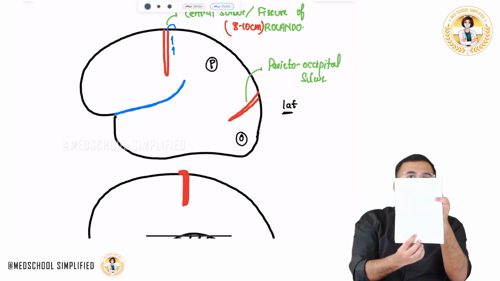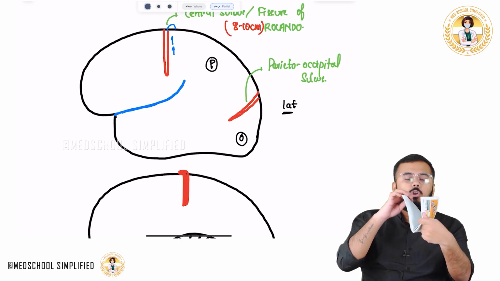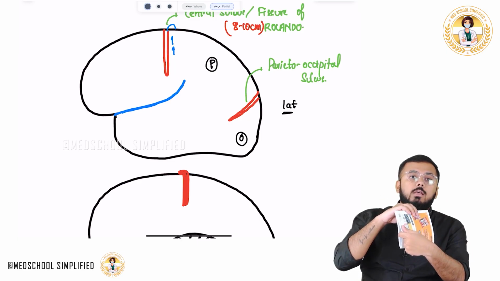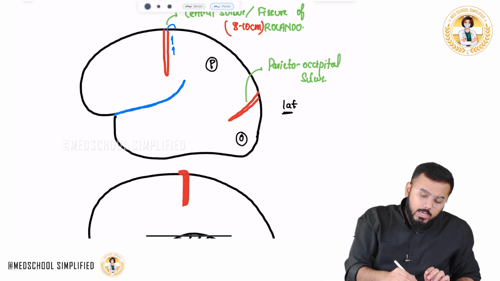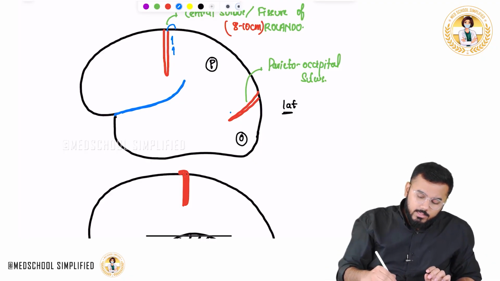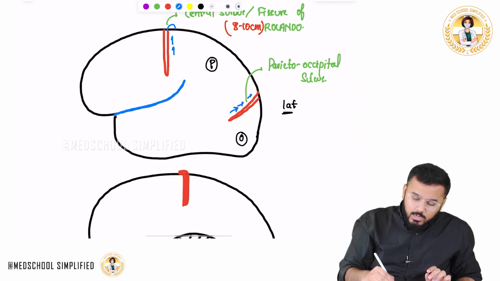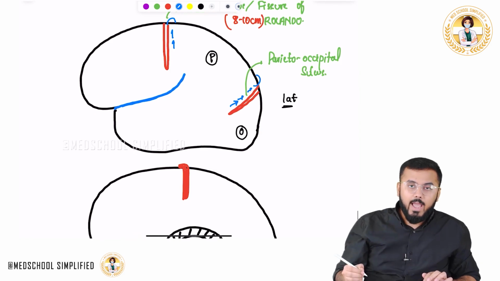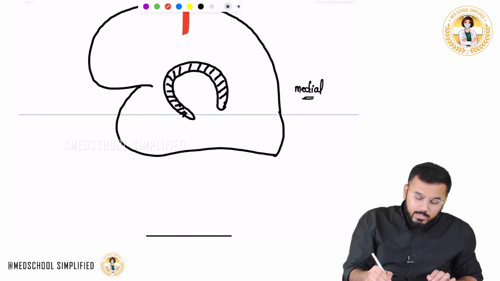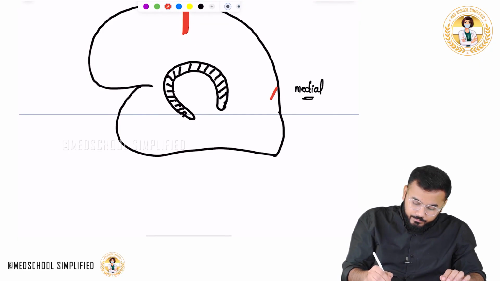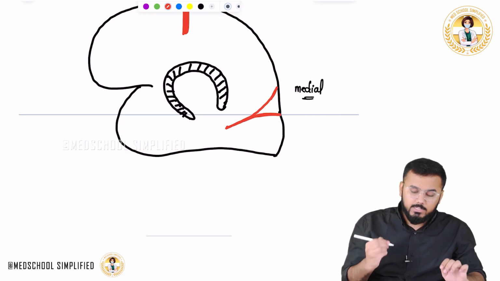So when I am opening it and showing it to you, you can see a fold of the parieto-occipital sulcus on the medial side, right? So it means this is going up all the way, making a turn onto the back, and it is going to come onto the medial surface in this way.